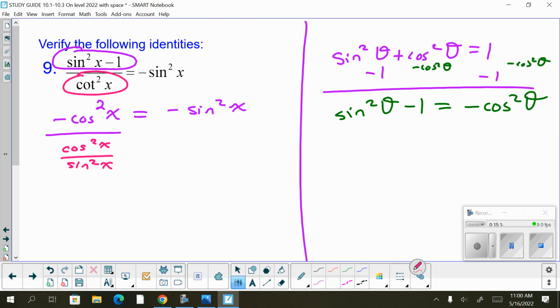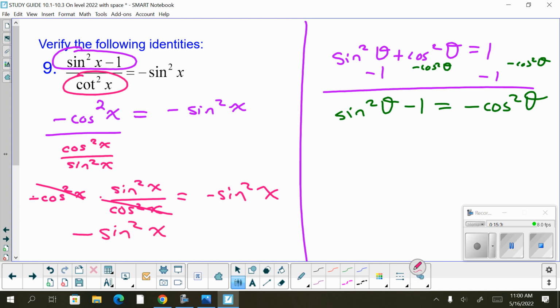When you divide by a fraction, you multiply by the reciprocal, correct? That's what's actually happening here. I am dividing by this pink fraction, so I can multiply by the reciprocal of the pink fraction. The cosine squared x's will cancel, and I'll have a negative and a sine squared x left.